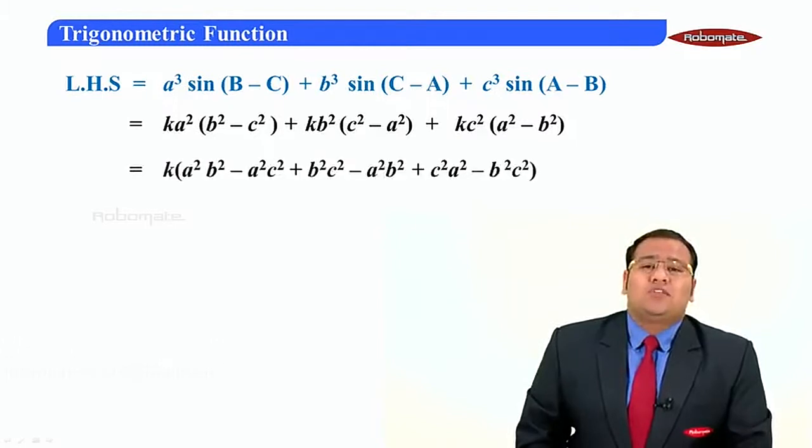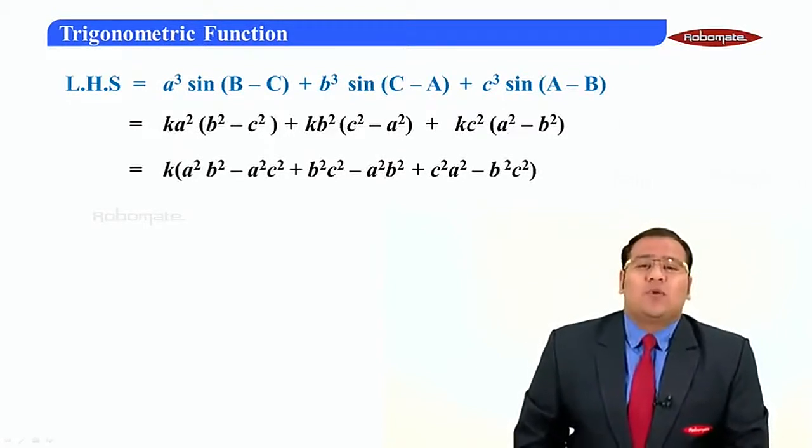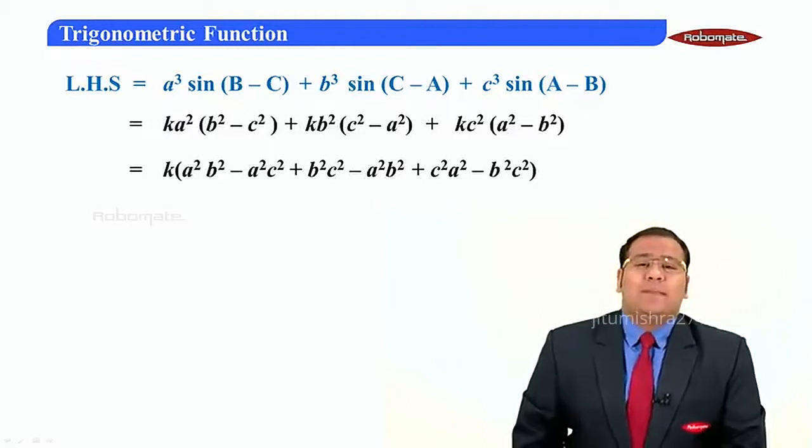In all these terms only k remains constant. So in the brackets we have a square b square minus a square c square plus b square c square minus a square b square plus c square a square minus b square c square.